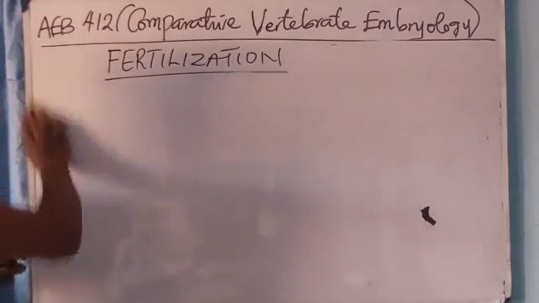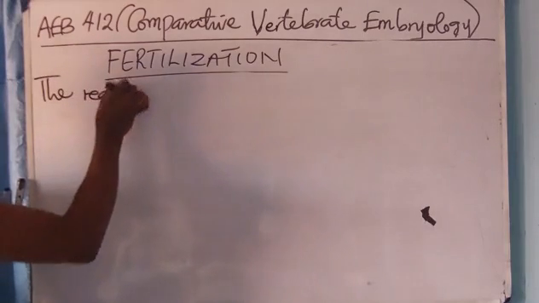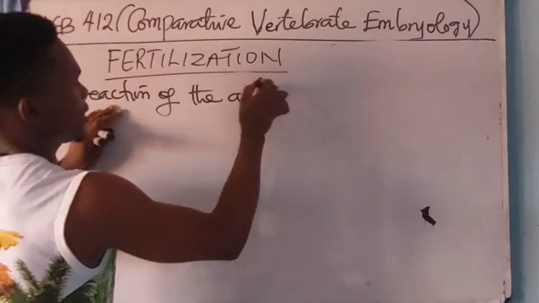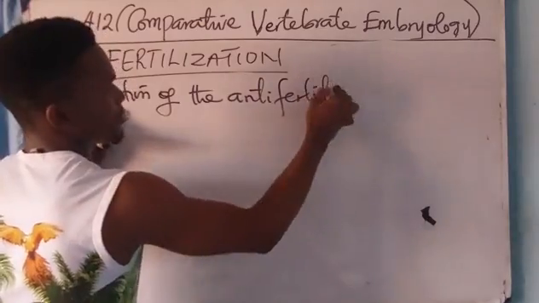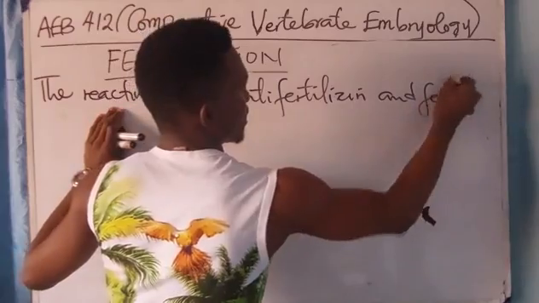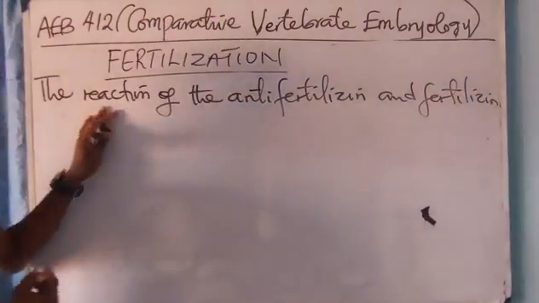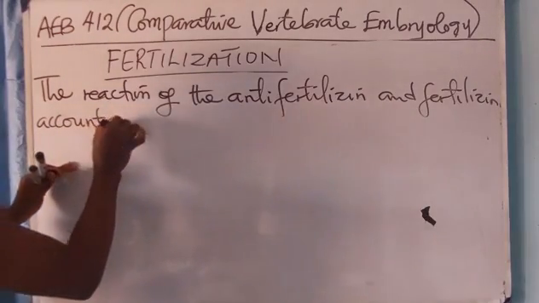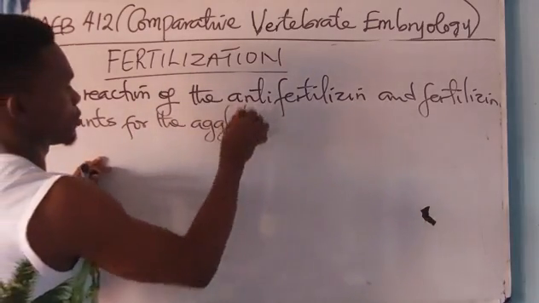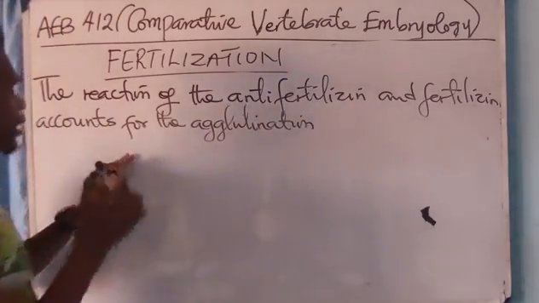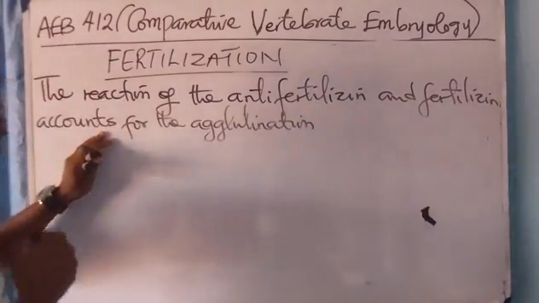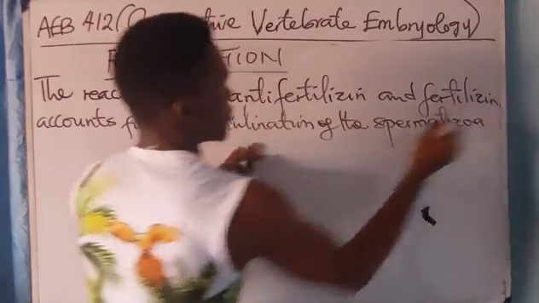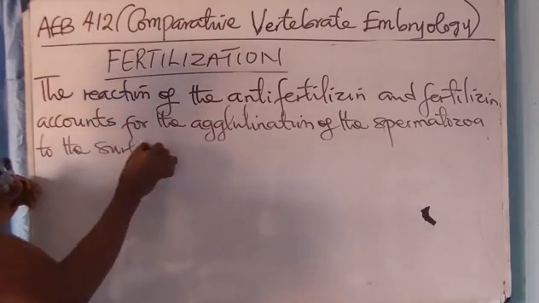The reaction of the anti-fertilizing and fertilizing accounts for the agglutination, or is responsible for the agglutination of the spermatozoa to the surface of the egg.